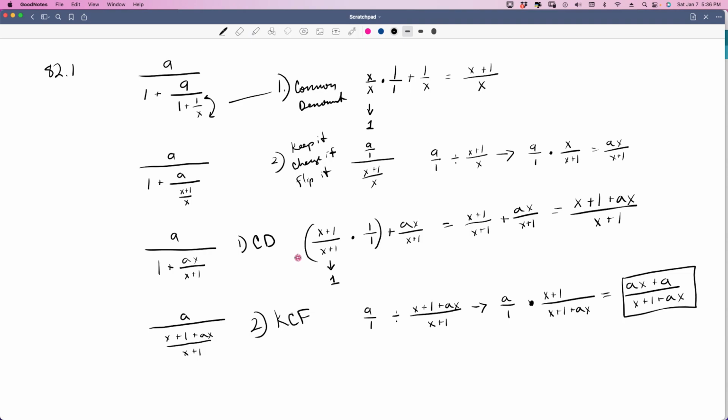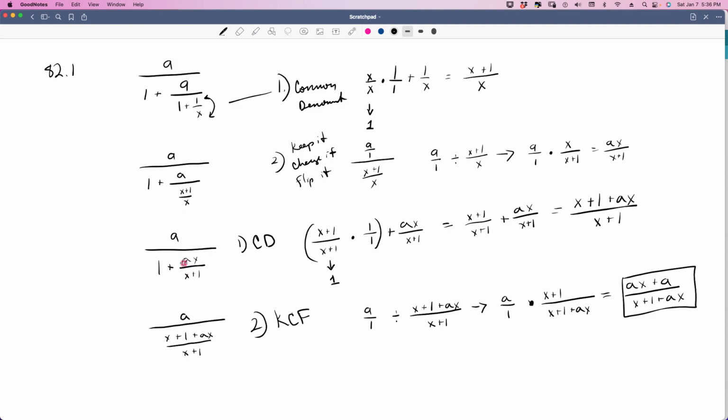So just look for the clues. Your first clue is if you have an operation in the denominator, then you are going to use a common denominator step. If you have a number or a fraction divided by another fraction, then you're going to turn that into an expression, keep it, change it, flip it.